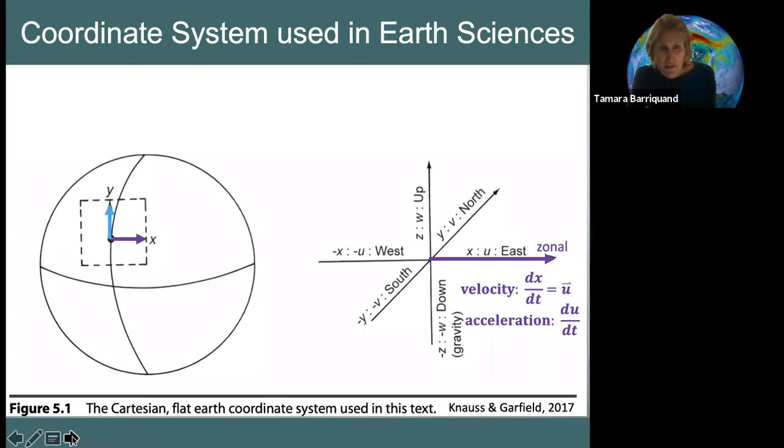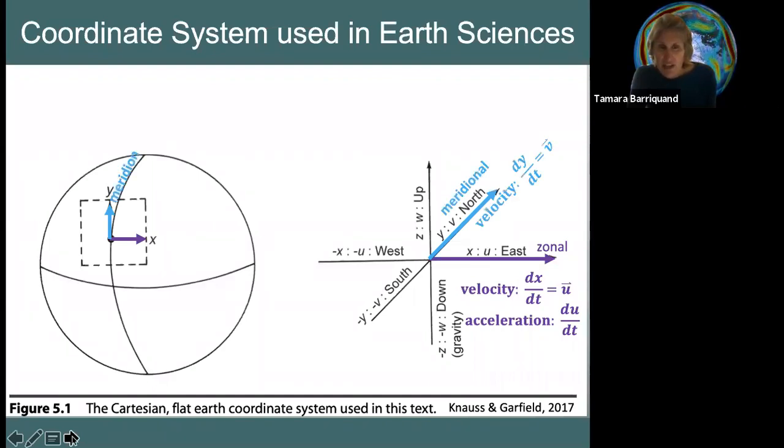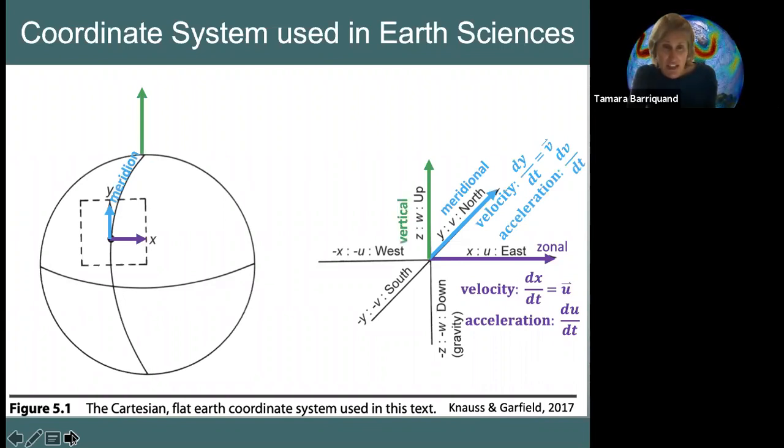Then the north-south direction is our y direction, and that's called the meridional direction, and the velocity is dy/dt, and that's equal to v, and the acceleration will be dv/dt. And the vertical direction is our z direction. So the velocity is dz/dt, which gives us w, and so our acceleration will be dw/dt.